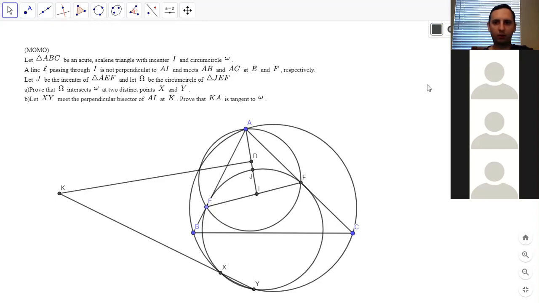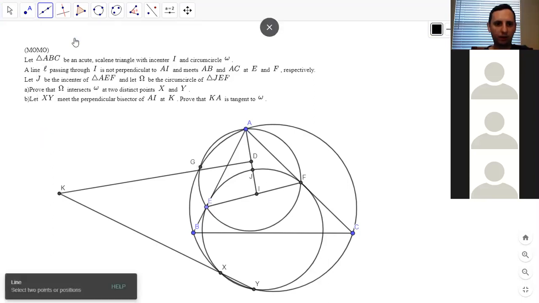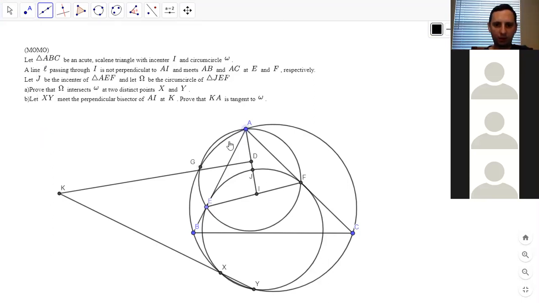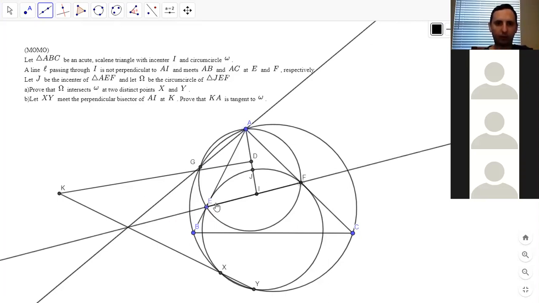Interesting. Let me check that. It's trivial, but maybe it can be useful, just by the radical axis theorem.